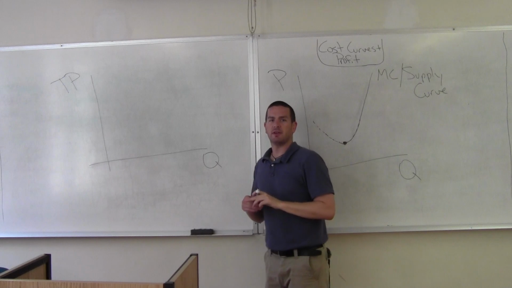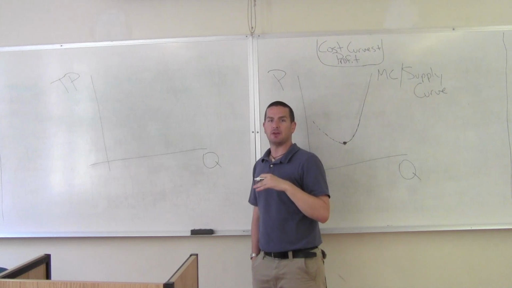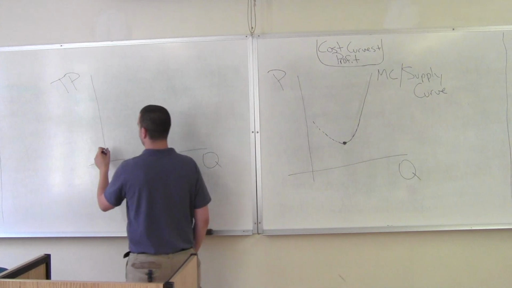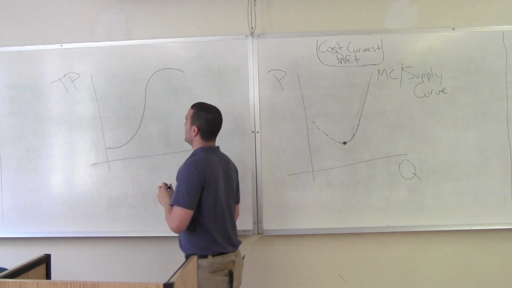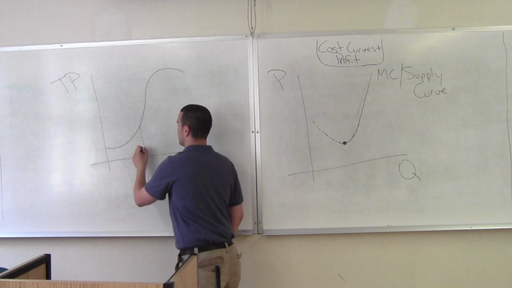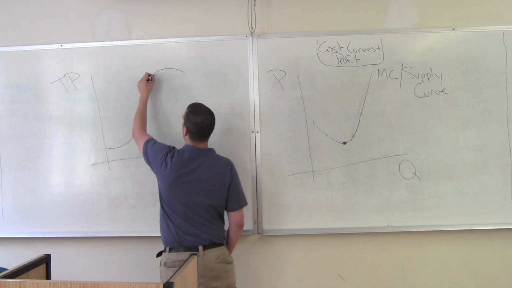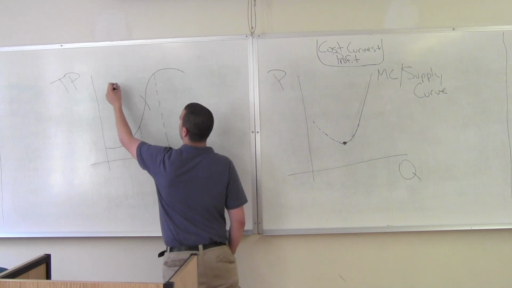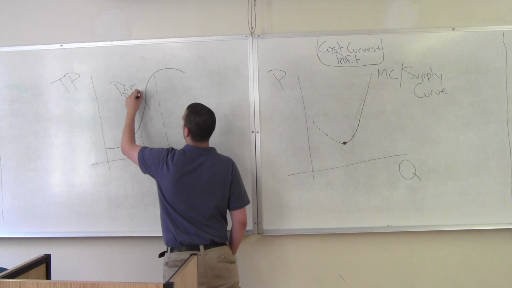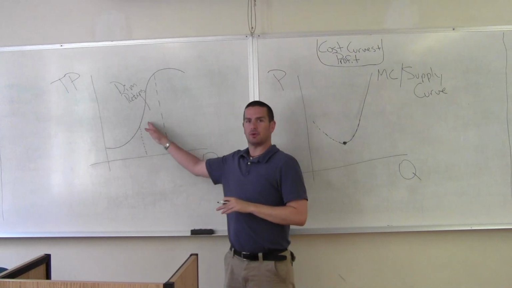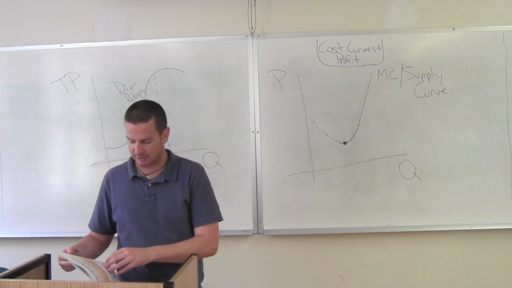The marginal cost curve gets its shape from the total product, marginal product diagram that we saw, right? Where you have increasing marginal returns at the beginning, then you have diminishing marginal returns here, okay? If you remember, in that diagram, I'll find you the page if you want to refer back to it.